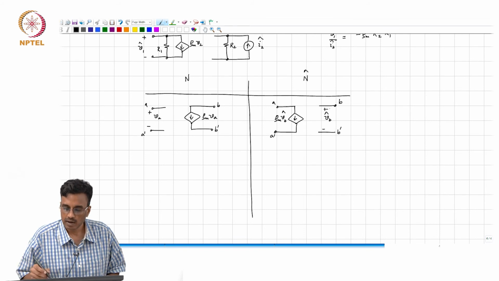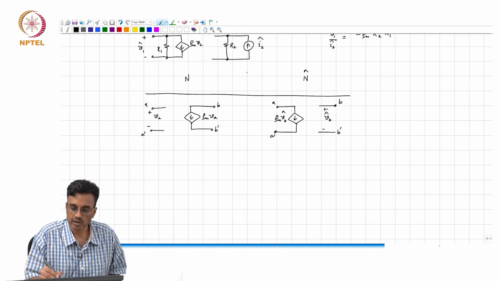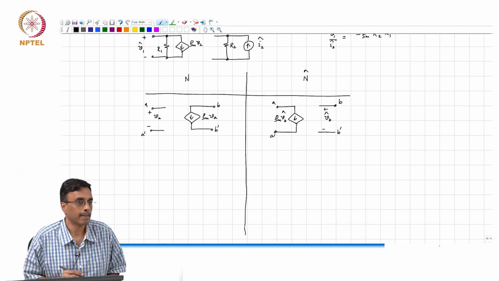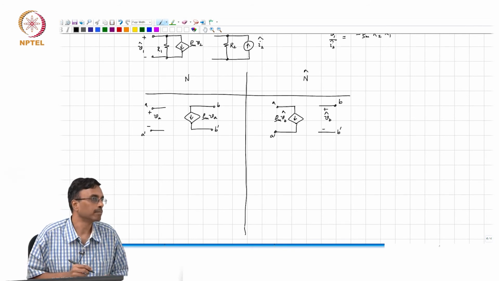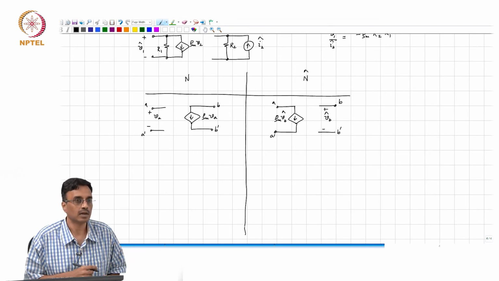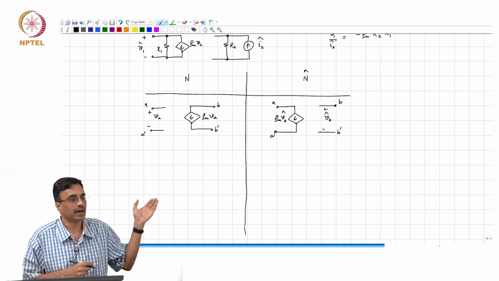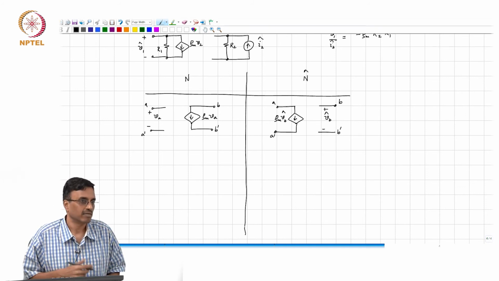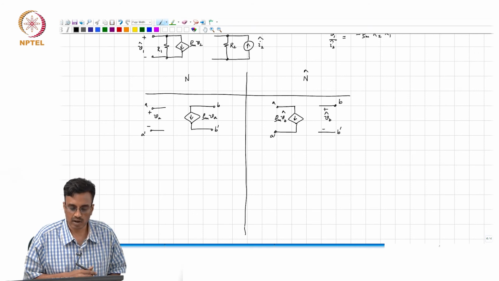Okay. Now, the next obvious question is what? I mean, this is not the only control source we know. We know more controlled sources.